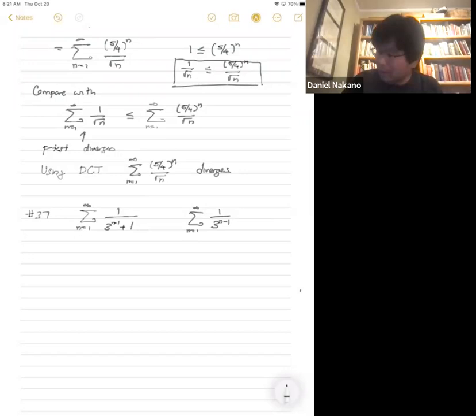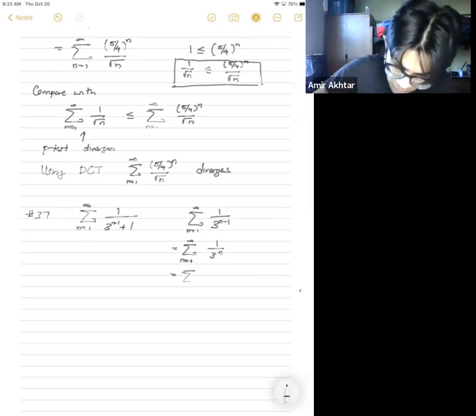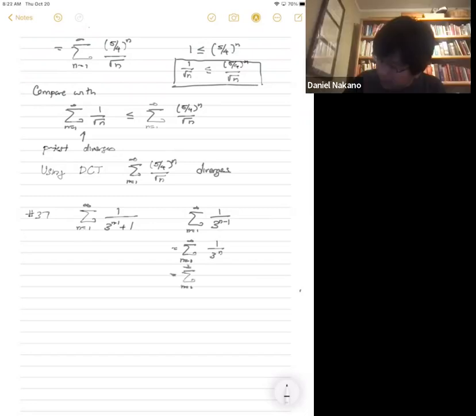If I rewrite this, I can sum it from n equals 0 to infinity of 1 over 3 to the n. So does this series converge or diverge?